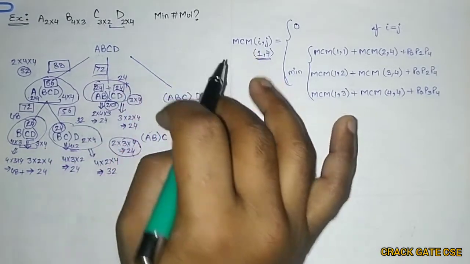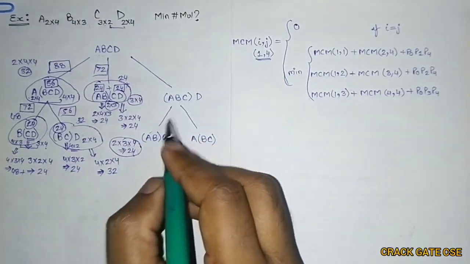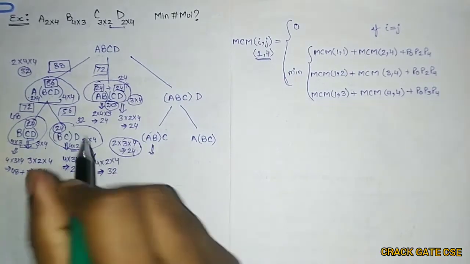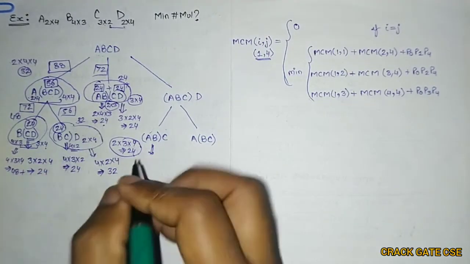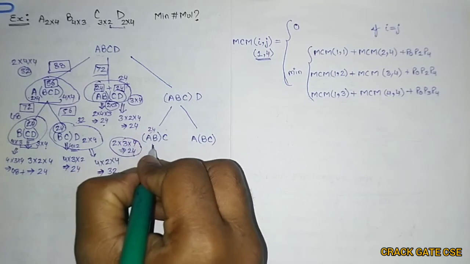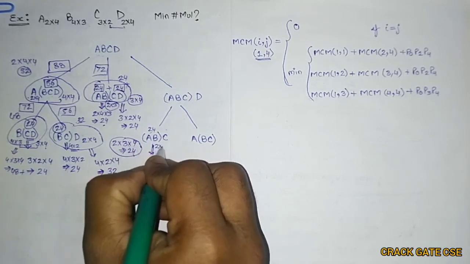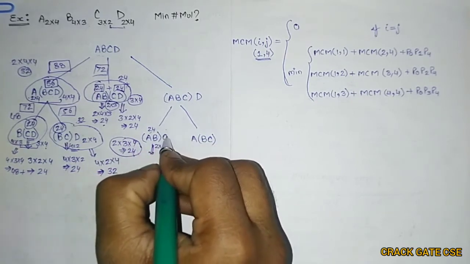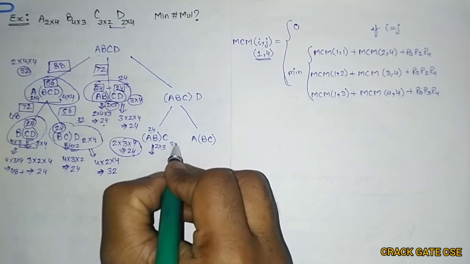Now let's check for the third case also. For the third case, I already solved AB, which gives me 24, and AB has dimension 2 into 3, right? Now check with C. C has dimension 3 into 2.